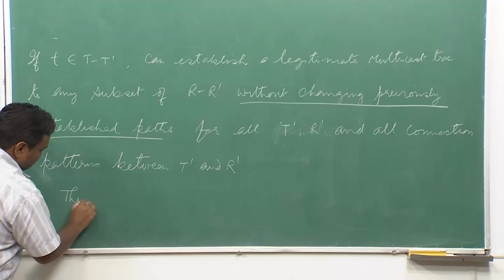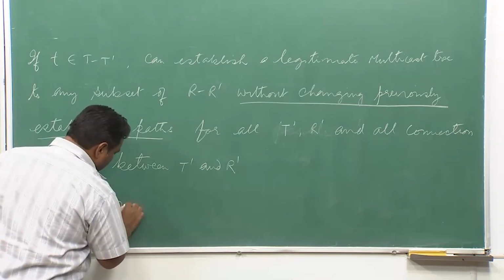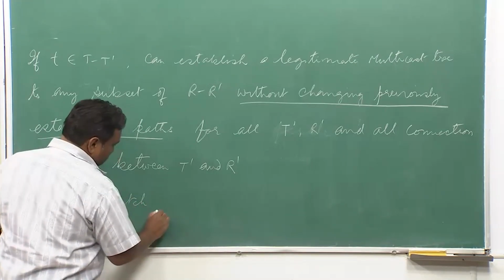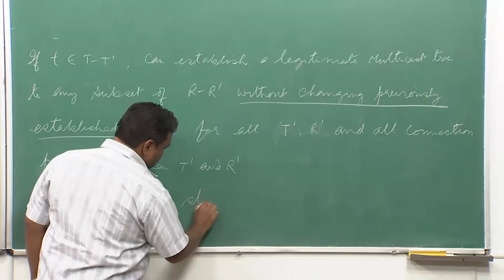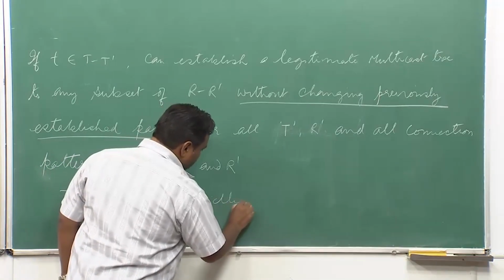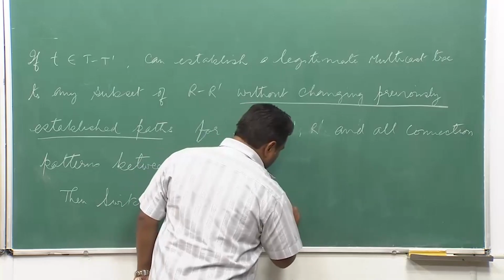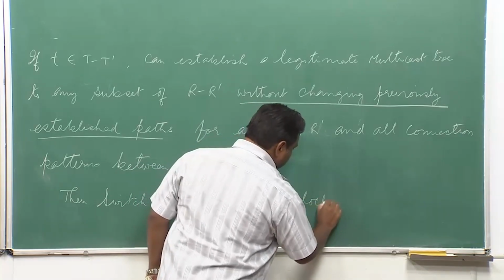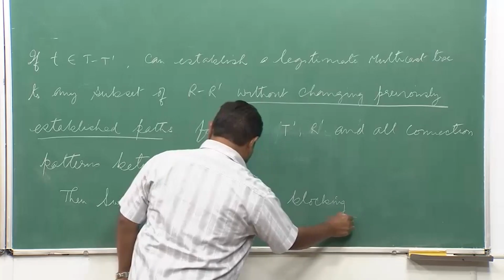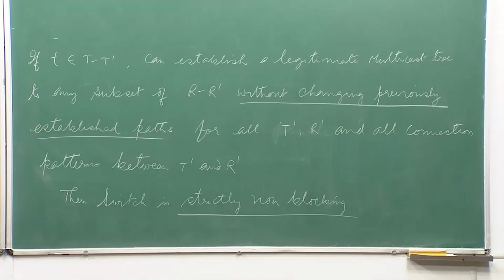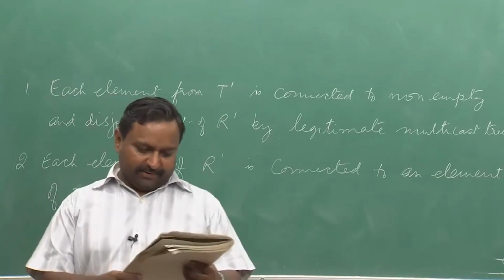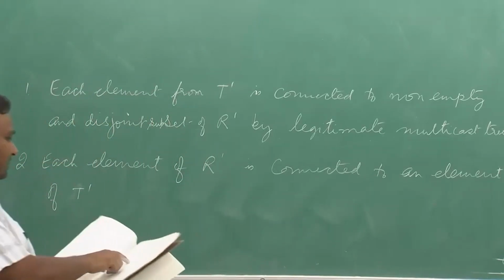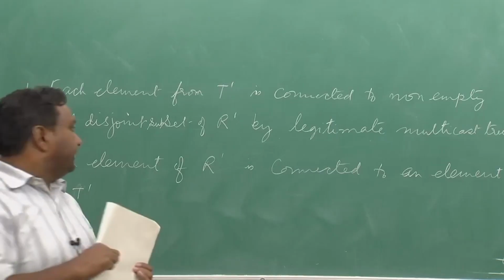Then the switch will be strictly non-blocking. So, that is a very formal definition of a strictly non-blocking property, and this is in terms of the multicast tree.